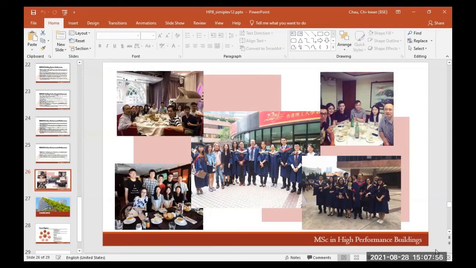How to apply for PhD? I think this course gives you a chance. First of all, you know a little bit about Hong Kong, and then during the course, you approach some supervisors to see whether they have interest to take you in, and also whether you are interested in their research area.